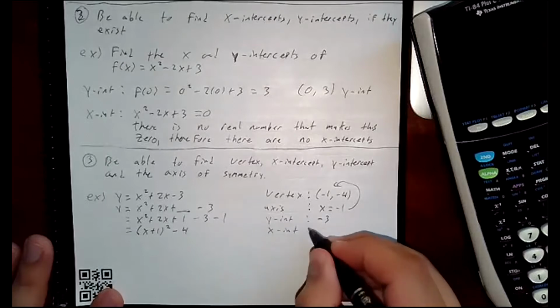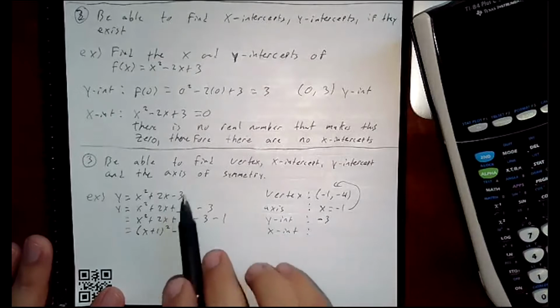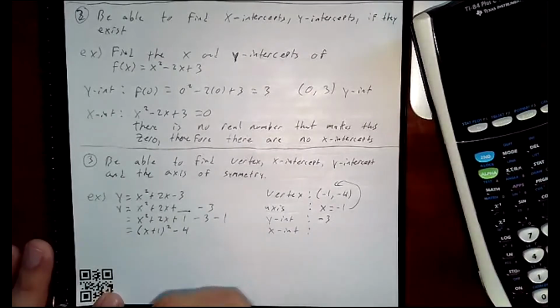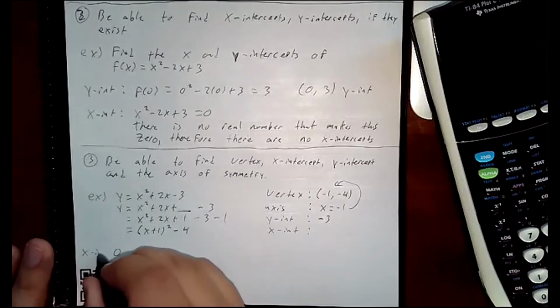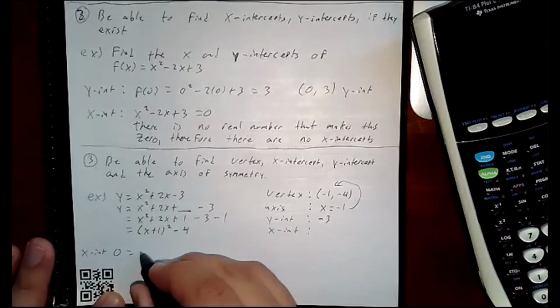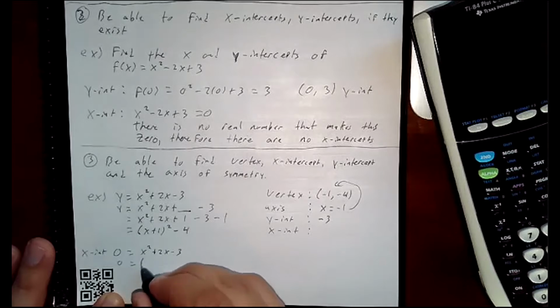The x-intercepts: factor the original. If you set it equal to 0 for the x-intercepts and factor the original, you will find out where the intercepts are.